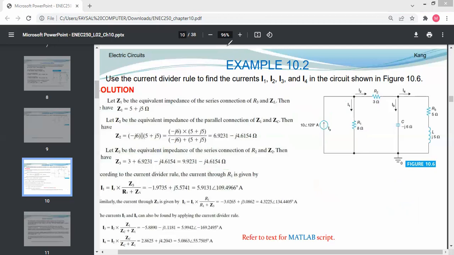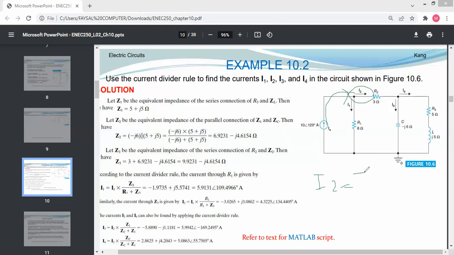Now the second thing is I have to find the value of I2. So I2 value will be equal to, now for I2, where is it? It is this one. Yes. From here it is also connected with my source current.